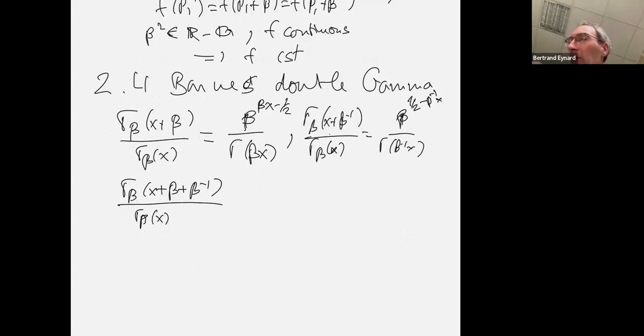So yes, the suggestion is to use the fact that gamma of x times gamma of 1 minus x becomes trigonometric, becomes a sine, but in fact, it turns out that this particular property doesn't lead to any simplification in our problem. In fact, we really need the Barnes double gamma function to solve our equation.